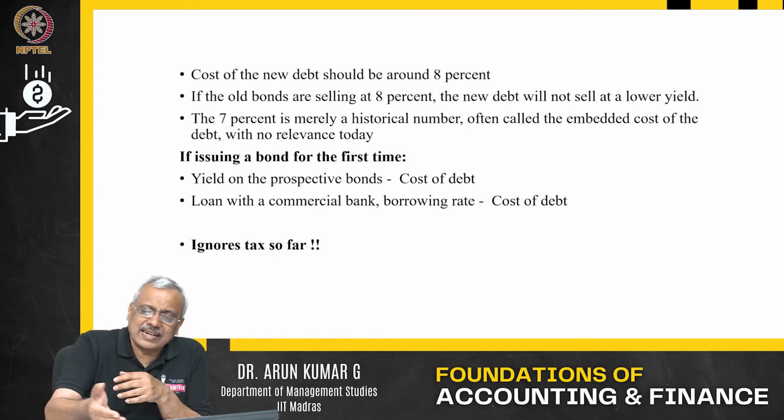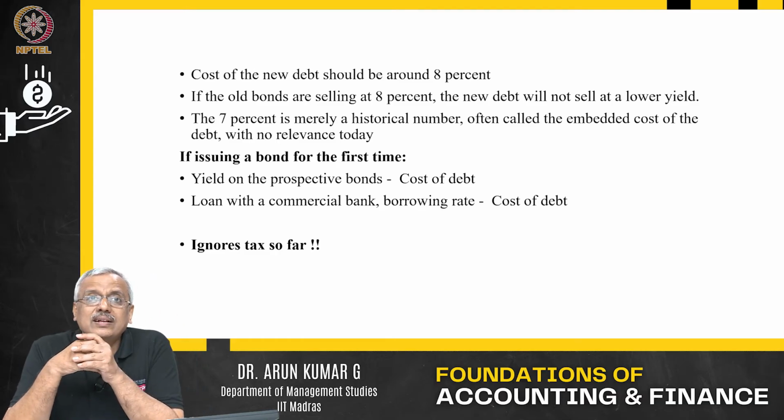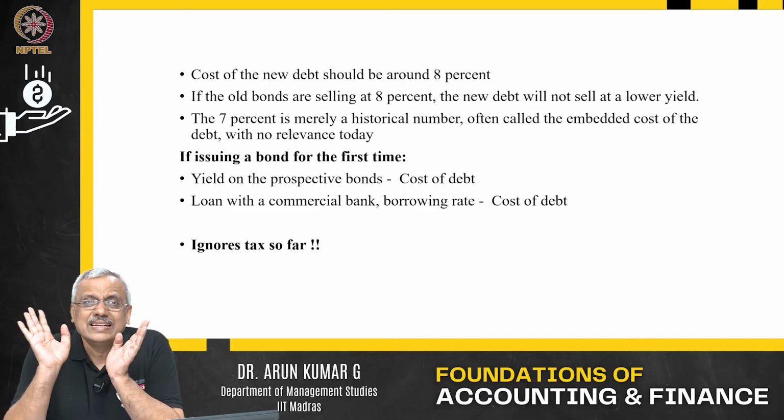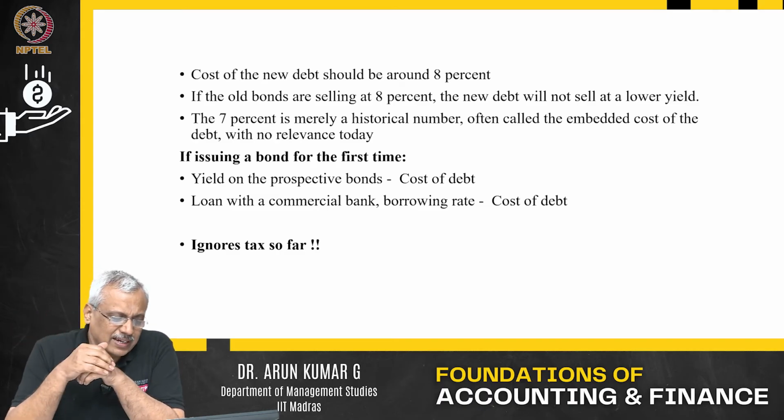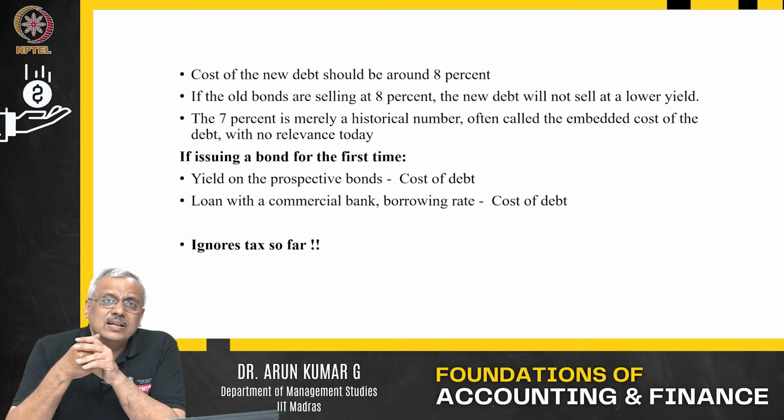If the old bonds are selling at 8%, the new debt cannot sell at a lower yield. 7% is merely historical. If you are looking at the historical, that often calls for the embedded cost of debt, and that is okay. If you are issuing for the first time, the yield on the prospective bond is the cost of debt.